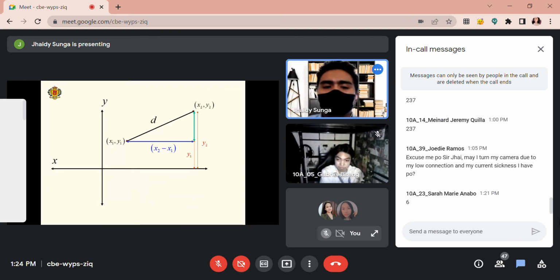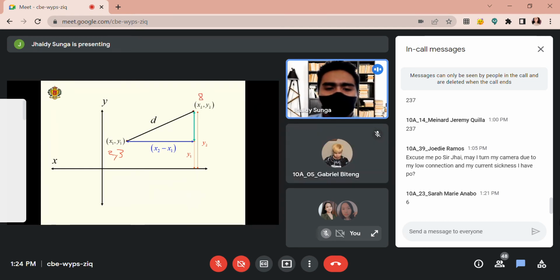For example, let us try the values of 2 and what's our value a while ago? Alright, so let us try to have the values of 2 and 3, no? And 8, then 6. Alright, so if you have these coordinates or values, no?